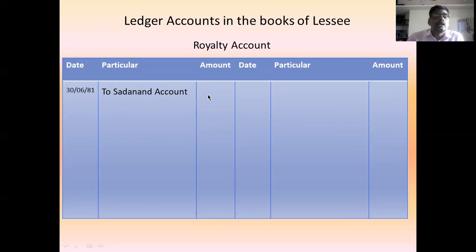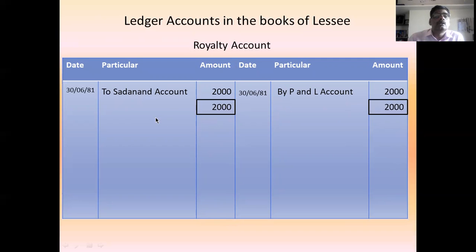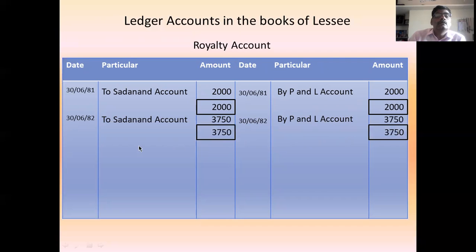To Sadananda account, 2,000 is the royalty. Date, by P&L account, royalty 2,000. Close the account, take total 2,000. Next, to Sadanand account. Sadanand is the lesser. Lesser means author. Sadanand account 3,750 royalty. Date, by P&L account 3,750, total. Second year completed.